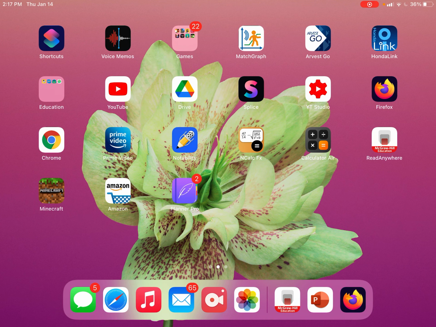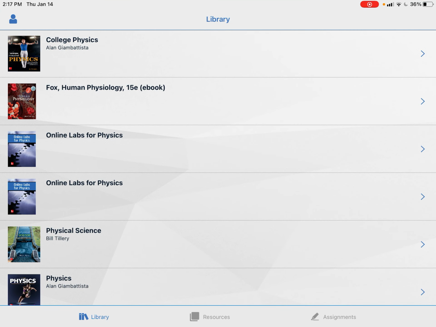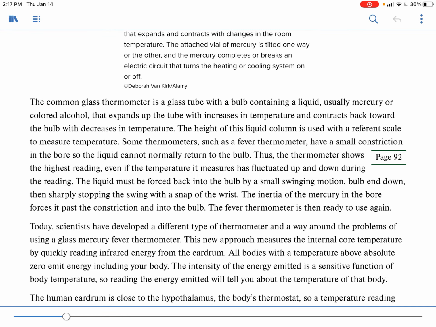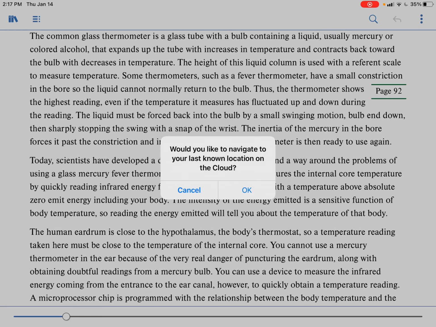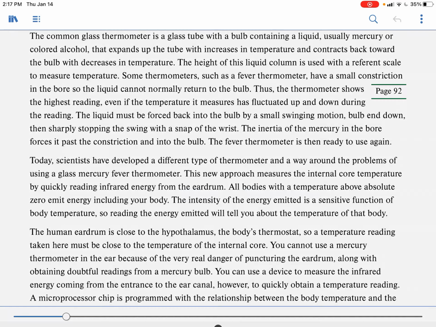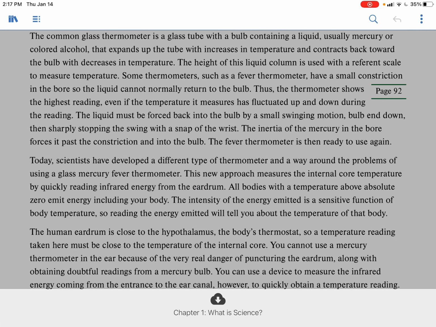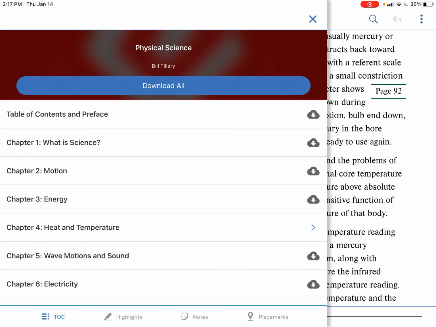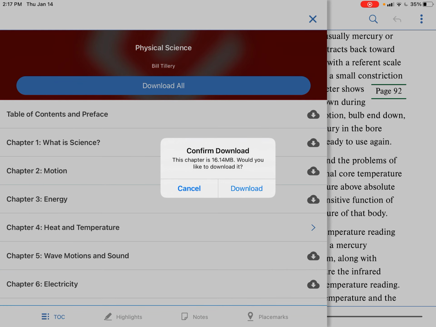Okay, so I realized that I had to download this Read Anywhere app, and whenever you go to that, if you end up downloading it to your device, it should list your book on there, so you can figure out where you are here. Okay.